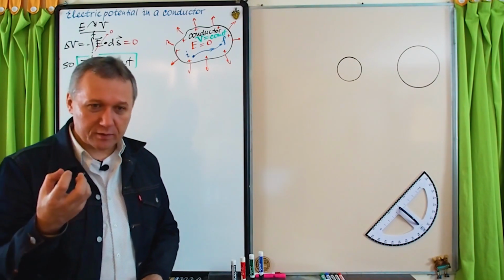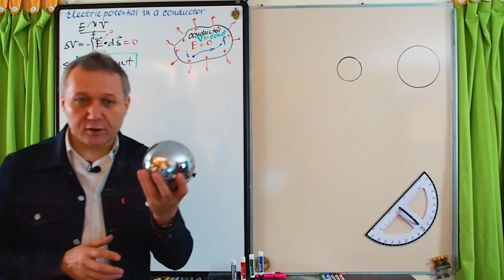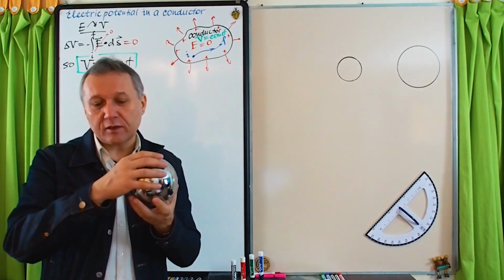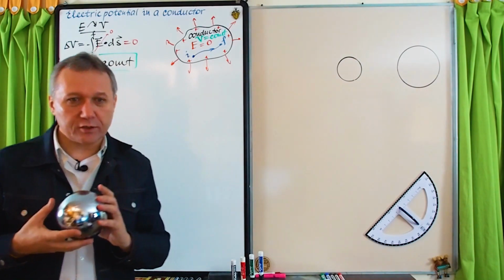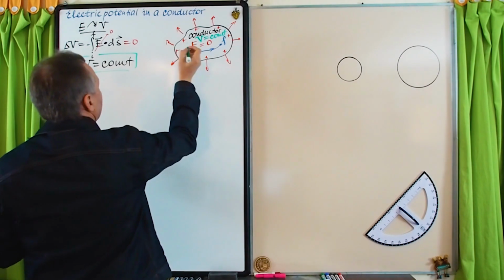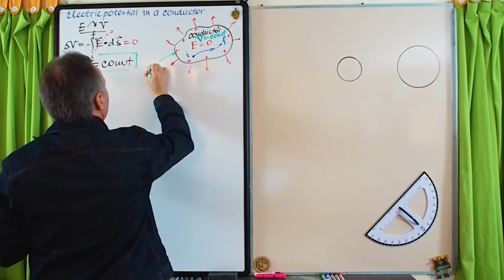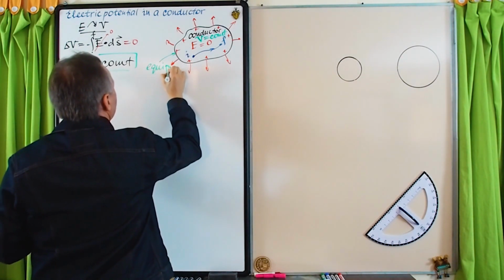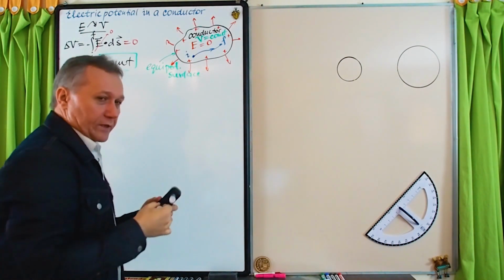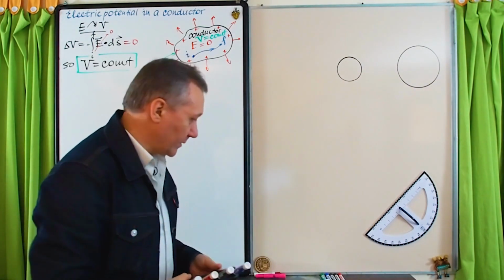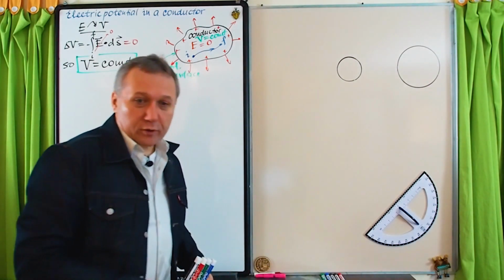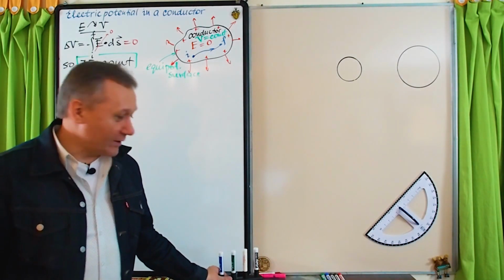So any surface of a charged conductor is an equipotential surface. I can also add that: this is an equipotential surface. All the time, but of course, in electrostatic equilibrium. So if you wait long enough to make sure that the conductor reaches electrostatic equilibrium.